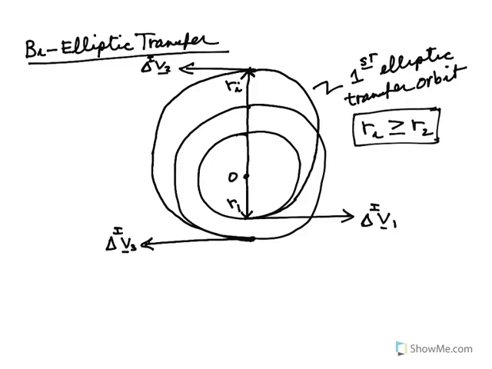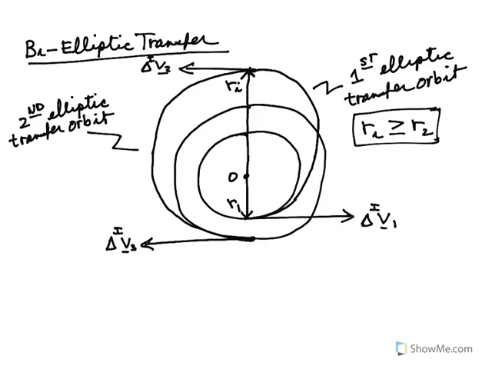That's the key, and that's what we're going to use in the rest of the study. And then after the second delta V is applied, it puts you onto a second elliptic transfer orbit. That second elliptic transfer orbit, as I said, is tangent to the larger orbit, with its periapsis equal to R2.